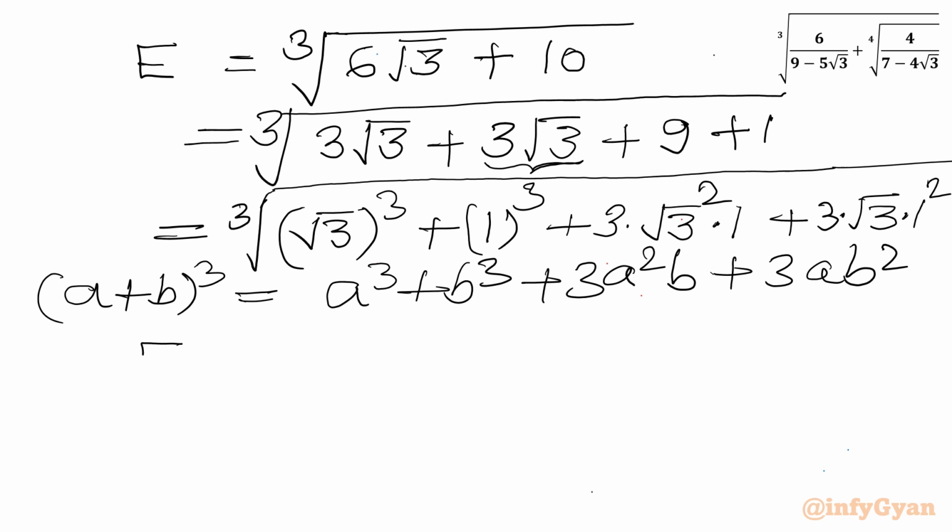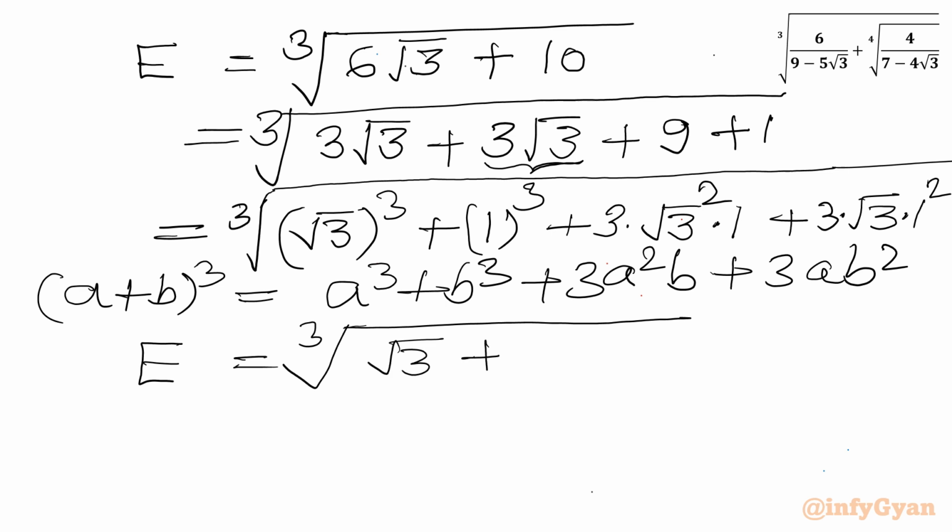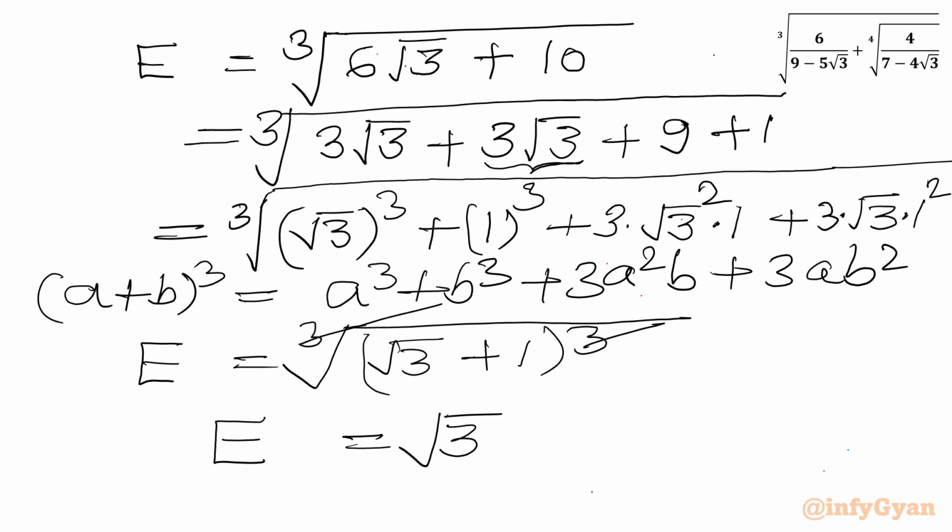I can write our expression will become cube root of root 3 plus 1 whole cube. Now cube root and cube will be cancelled out. We will get our final answer. It will be equal to square root 3 plus 1.